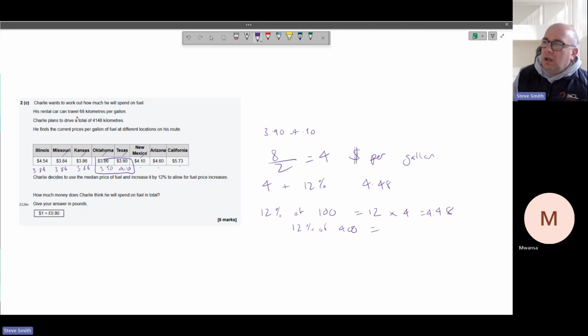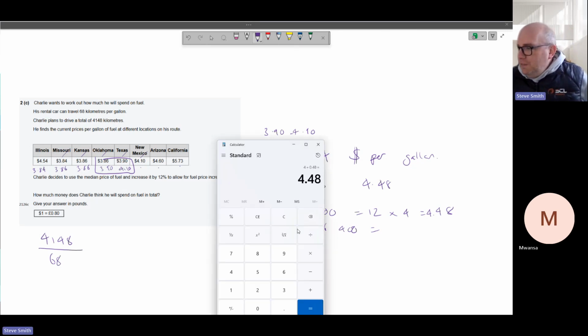And then he plans to drive 4,148 kilometers, and it's per gallon. So we're going to divide it by the number of kilometers our car goes per gallon. Total distance divided by kilometers per gallon is going to give us our number of gallons. So we divide 4,148 by 68.